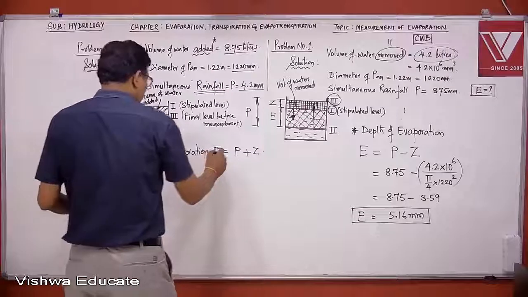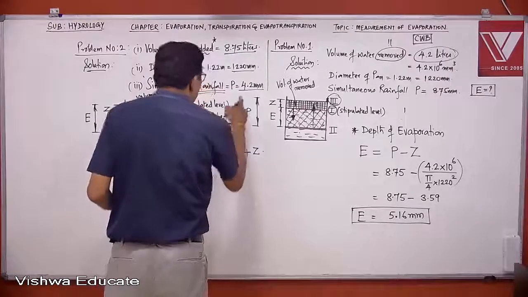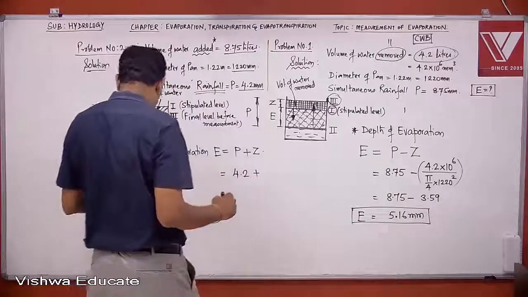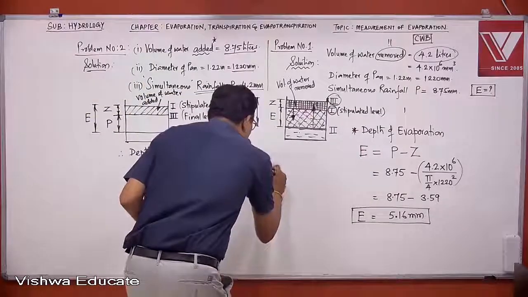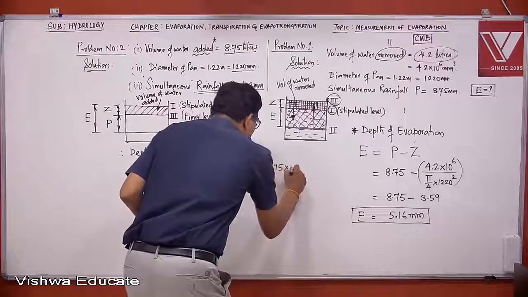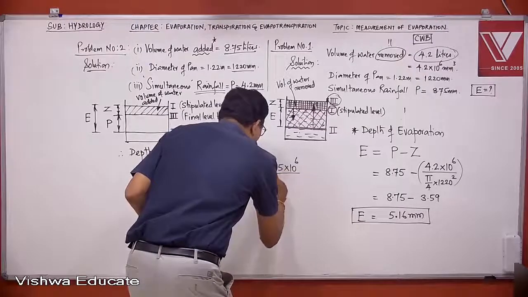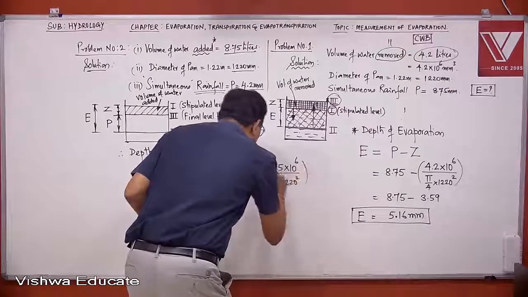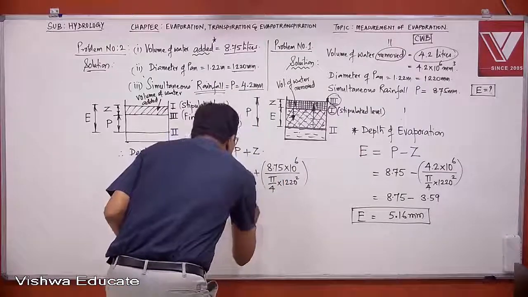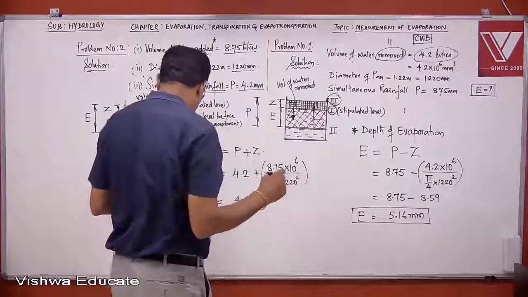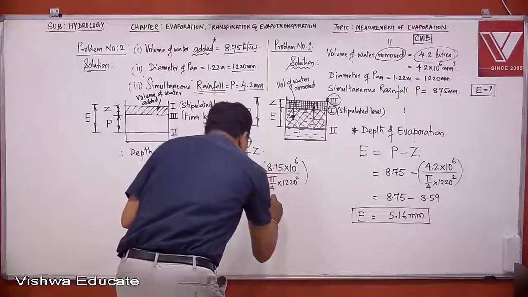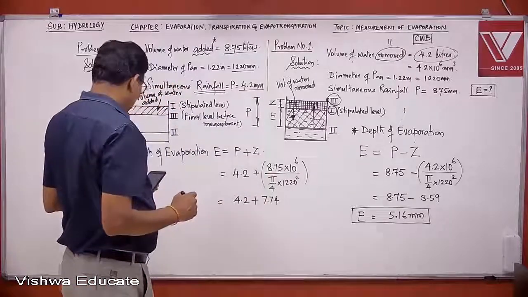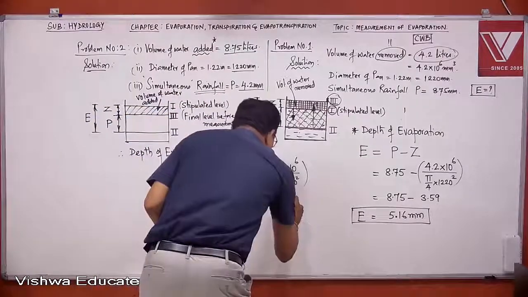So here P is 4.2 millimeters and Z happens to be 8.75 into 10 to the power of 6 divided by pi by 4 into 1220 square. This calculation will give us 4.2 plus 7.74 millimeters, right? So the net value of evaporation.